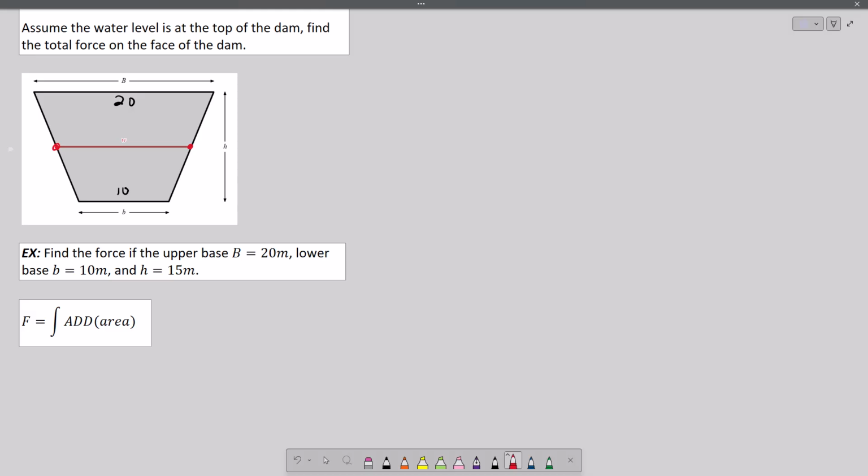We could also acknowledge that there's some symmetry here, that if we put a vertical axis right there, put a coordinate system right there, we could find this distance right there from this function and then double it. That's also an option. So instead of finding both equations of those tilted edges, we could find just the right edge.